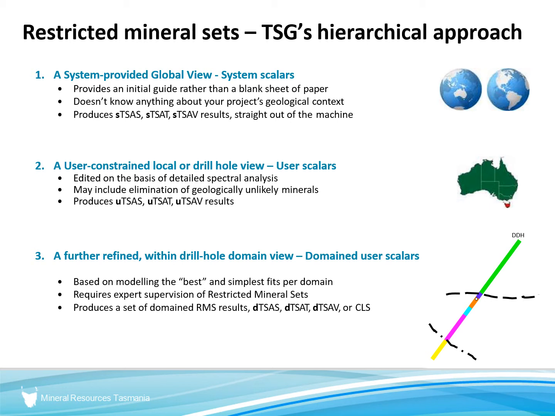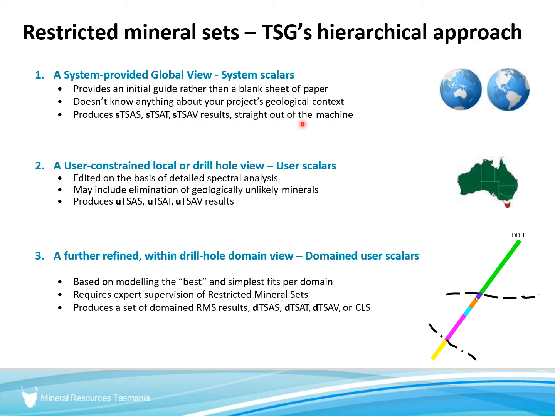When we do the unmixing, there's an automatic way of doing it, which we call the system Spectral Analyst, or system scalars. So this here is the result from an automatic unmixing algorithm in the shortwave infrared, and there's a similar one for the thermal infrared and for the visible, and they come straight out of the machine.